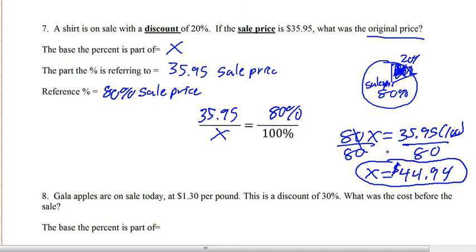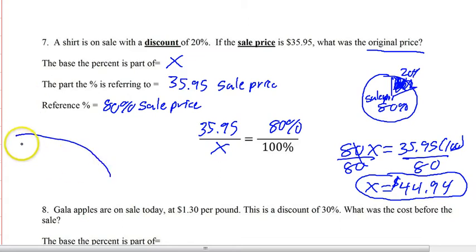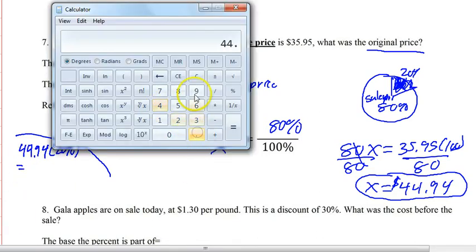How can you figure out if you have it correct? Well, just do the math. So a little checking here. $44.94 times 20% is what? 44.94 times 0.2 gives us $8.99, right?